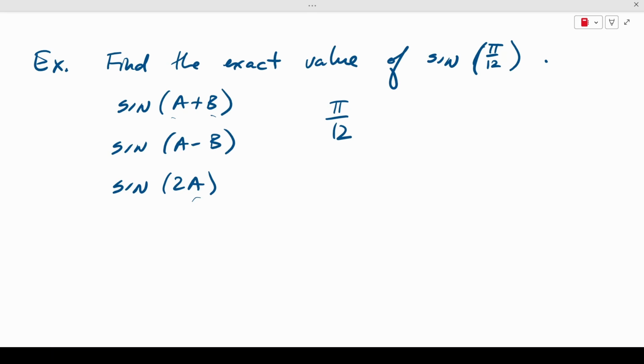So I have to think, how could I combine some special angles to get pi over 12?